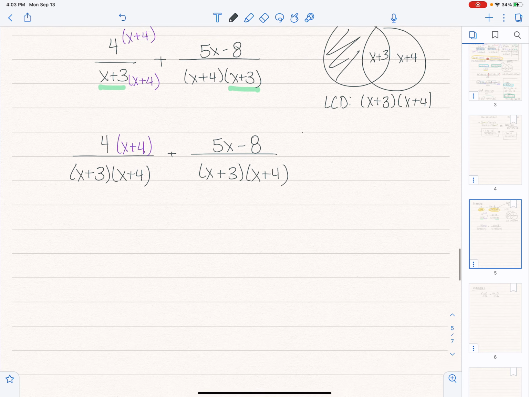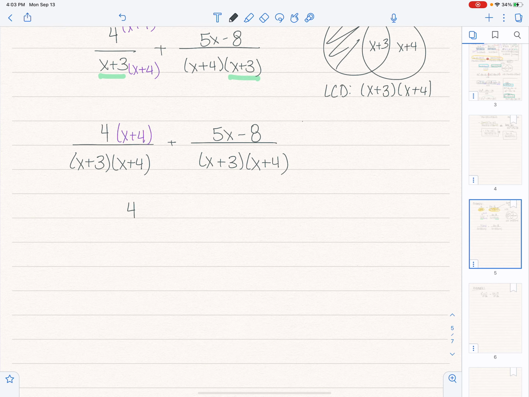Now that my denominators match, I can combine the numerators into one fraction. I'm going to write x plus 3, x plus 4 as the LCD until the very end, and then we will go back in and see if we can cancel anywhere.